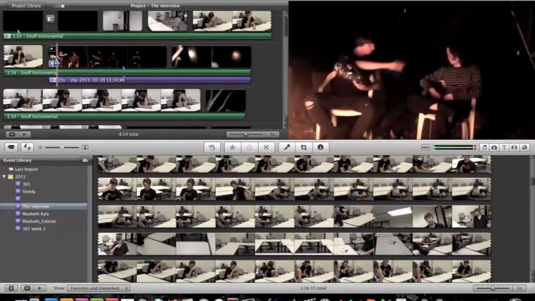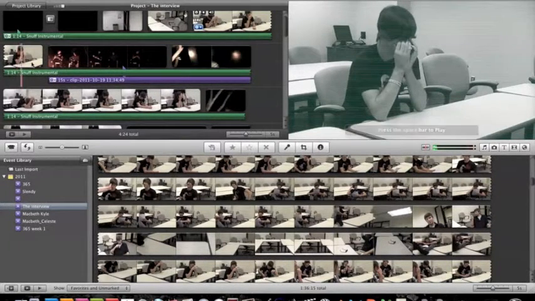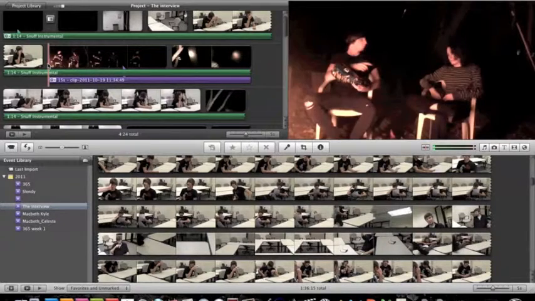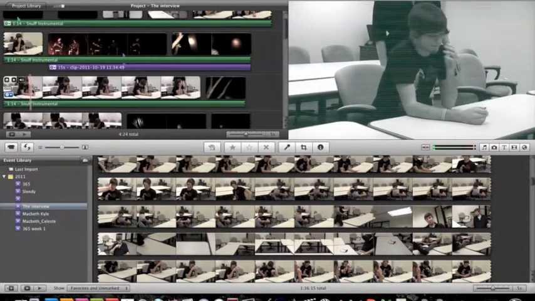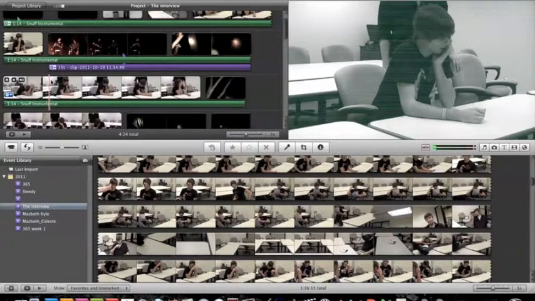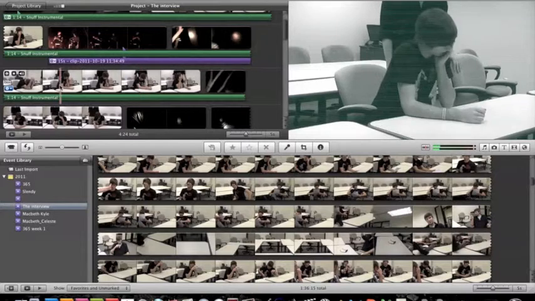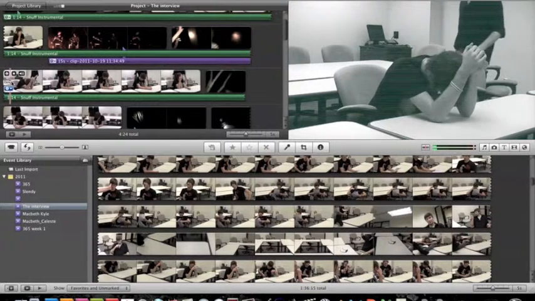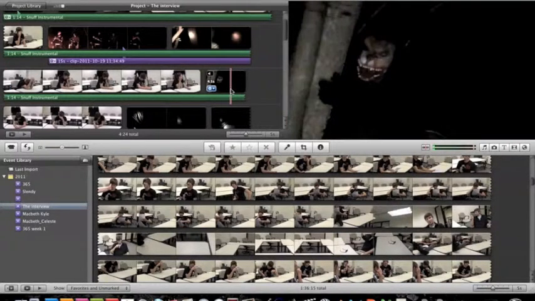For example, we have Weston's character talk about what happened in the woods, and then boom, he's in the woods talking about it. And then boom, he's back talking to the officer. And so we have the officer walk into frame, so he doesn't just pop up behind and you wonder how he got there.